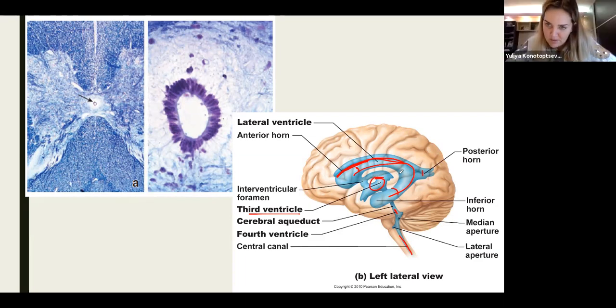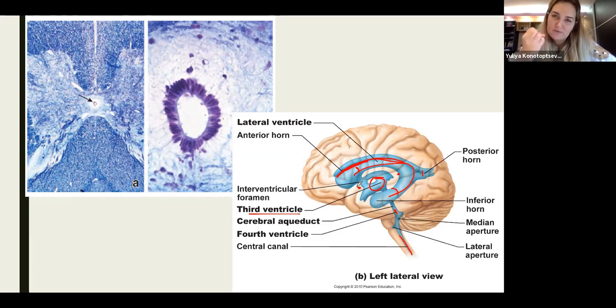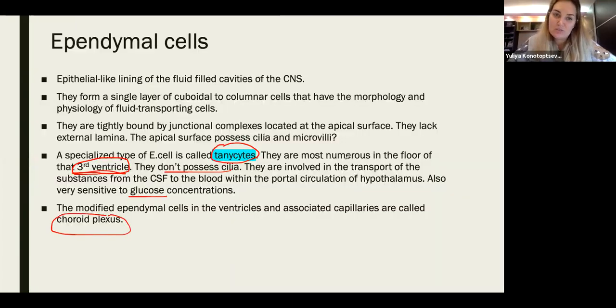Pineal gland will be here. Pituitary will be here. Thalamus. Thalamus, good, say better. Diencephalon, perfect. Third ventricle is at the level of the diencephalon. So tanycytes are at the level of the diencephalon. So all the thalamuses, right? So thalamus, epi, sub, whatever.